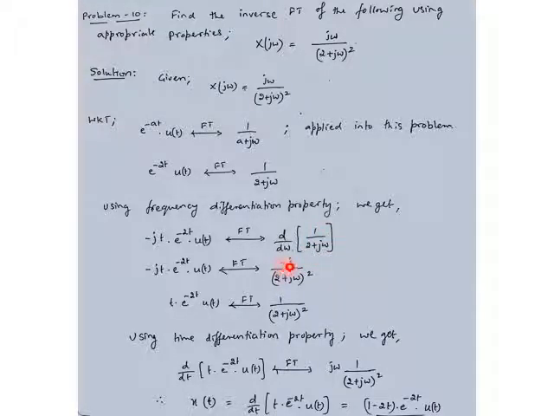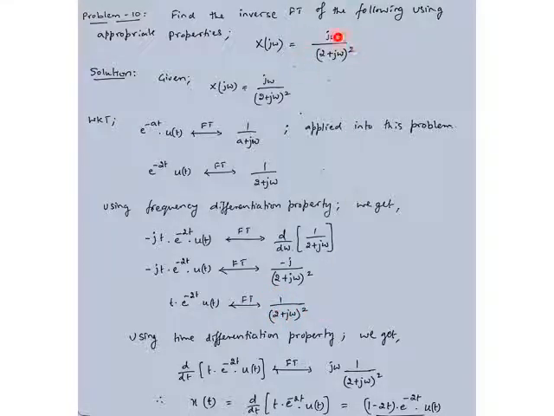So we get minus j divided by (2 plus j omega) whole square. On either side we can remove minus j, as it is a constant. So t into e to the power minus 2t into u of t has Fourier transform 1 by (2 plus j omega) whole square.